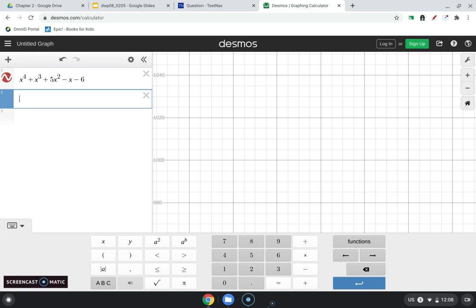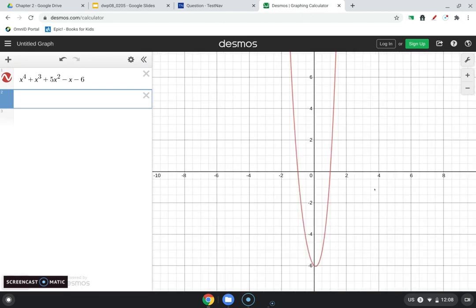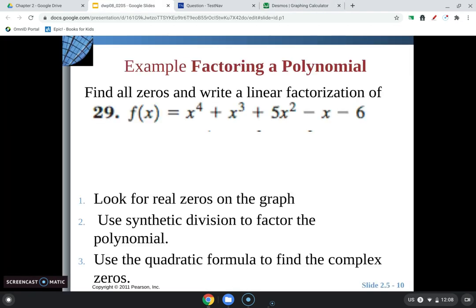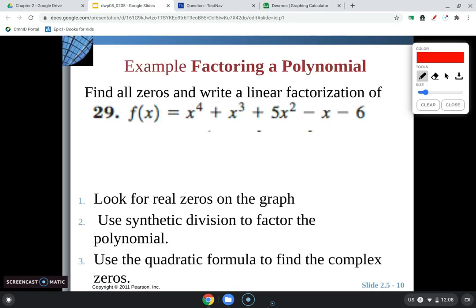All right, and then let's get that back to the home screen. Boom. Right there. 1 and -1. So we found our 2 zeros. We always find the real zeros by graphing. All right, so my zeros are 1 and -1 for the reals.